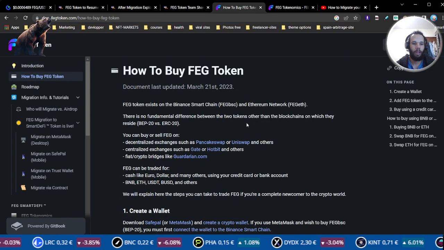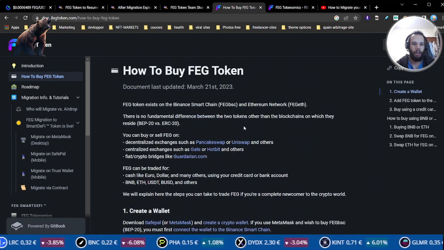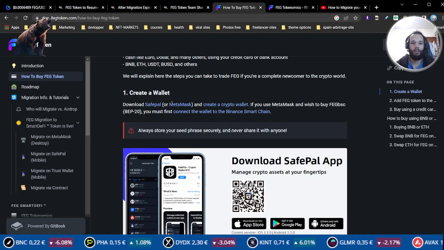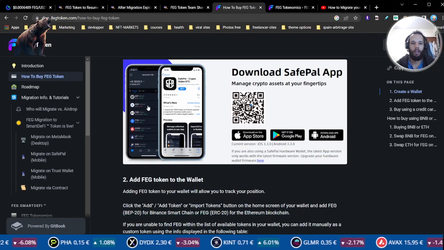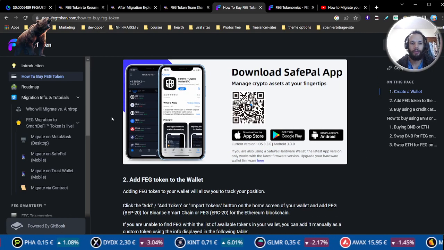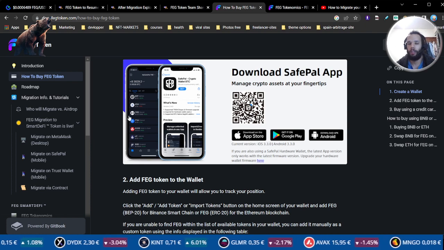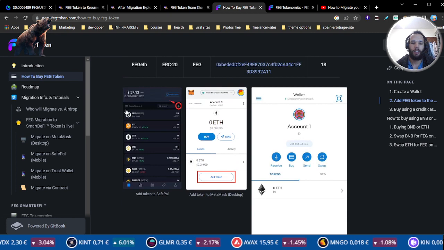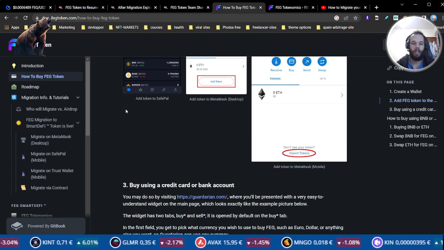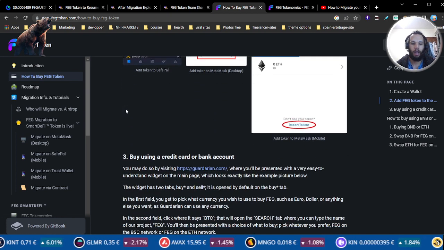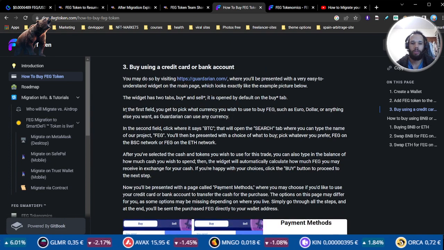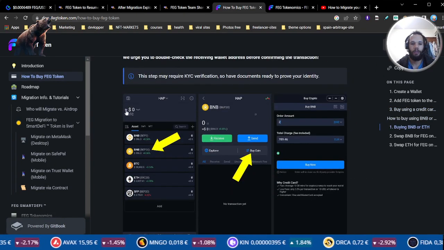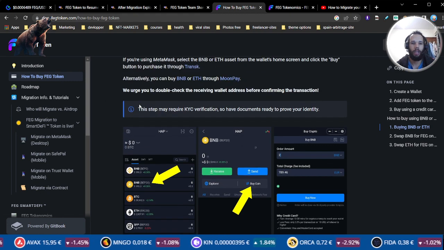If you are buying a token or already holding it and you want to do the migration from an old token to the new one that has a new price, here is a complete demonstration with screenshots and everything on how to do that. Just go through this document step by step and you will understand what you're going to do.